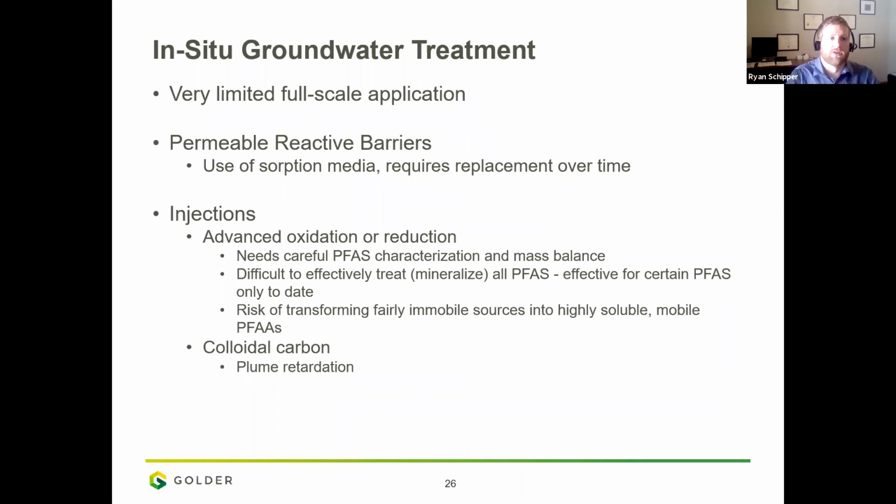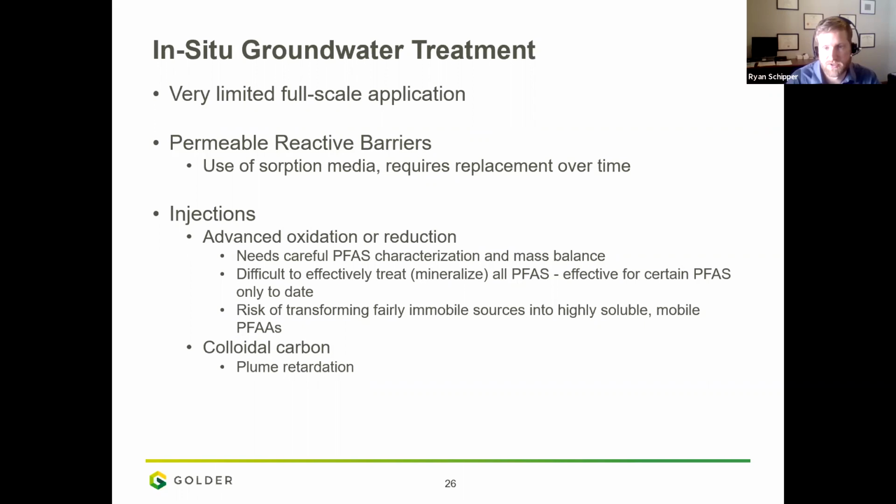Now, for in-situ groundwater treatment, there are basically two approaches: permeable reactive barriers or injections. Both have pretty limited full-scale application. With permeable reactive barriers, you're using sorption media, which generally will require replacement over time.